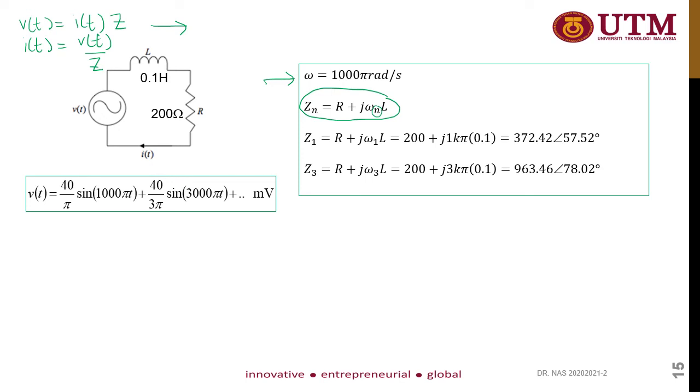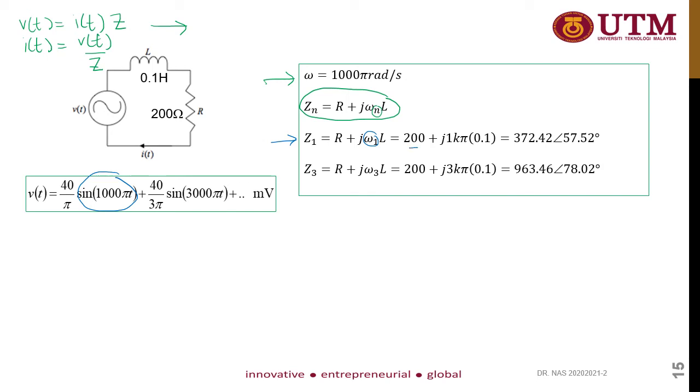If you have R and L in parallel, you need to consider the parallel calculation in your step. Okay, so in this case, Z1 is equal to R plus j omega 1 L, for the first harmonic, omega 1.